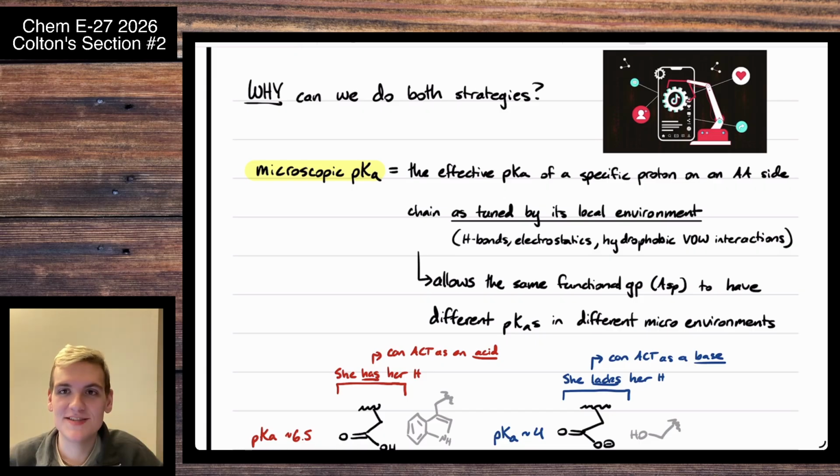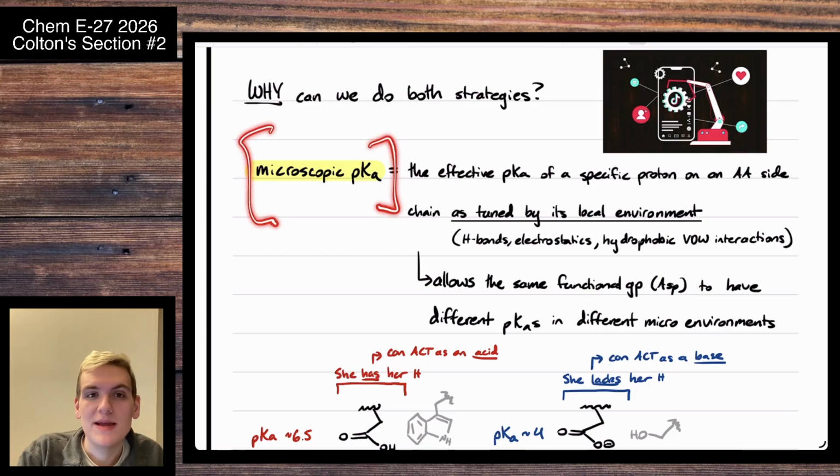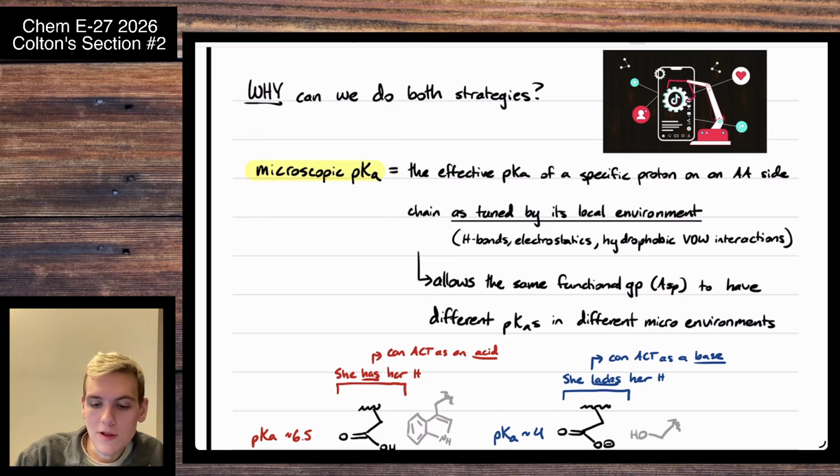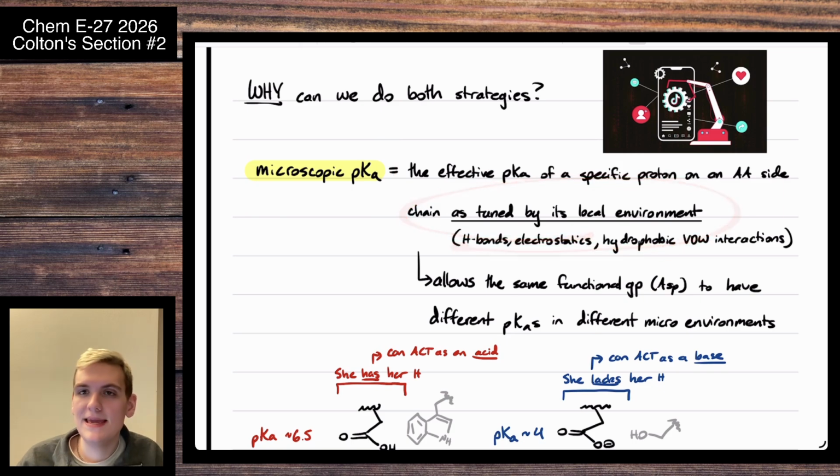Y'all are living in different spheres. You're on different sides of TikTok. We call this, on the chemistry side of it, the microscopic pKa. And so it's about how the local environment of a hydrogen tunes the pKa of a specific proton.